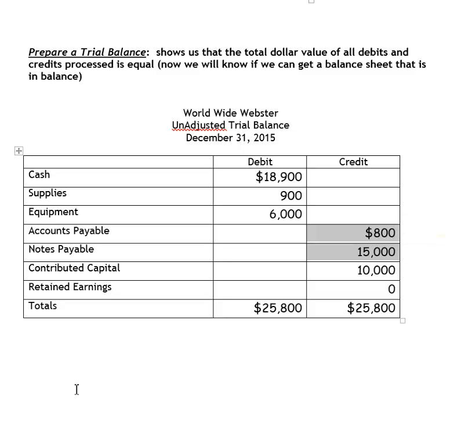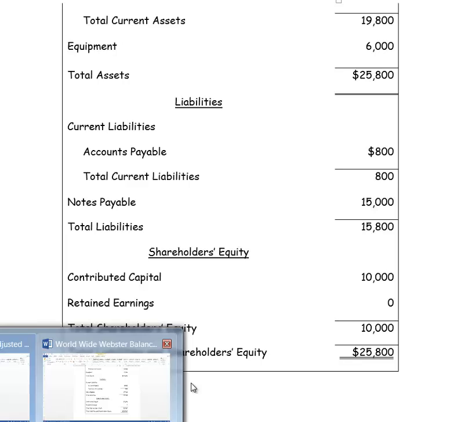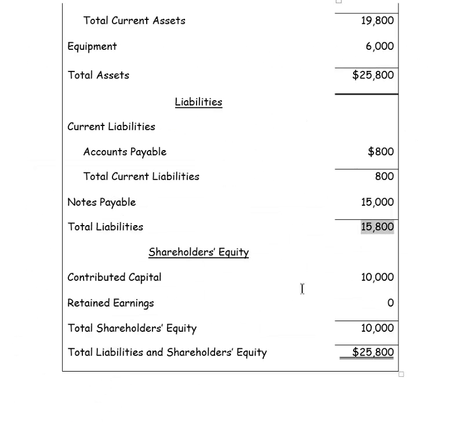So now in the equity section, we are only going to have a balance for contributed capital, right? And retained earnings is 0. Again, you don't have to put the retained earnings in at 0 in this balance sheet because there is no balance. But because retained earnings normally shows up on a balance sheet, we will show it so that you don't forget to include it when it does have a balance.